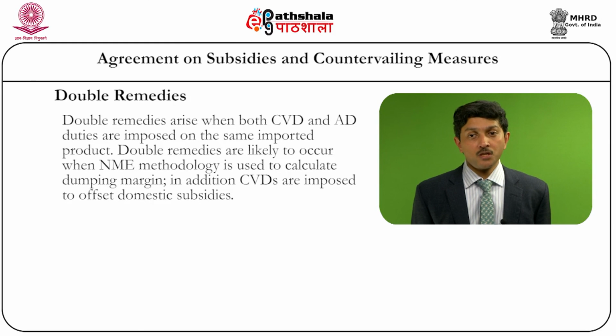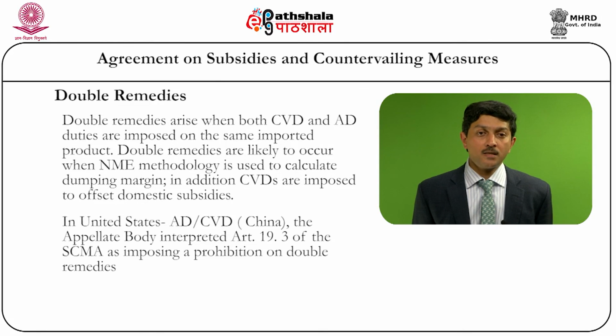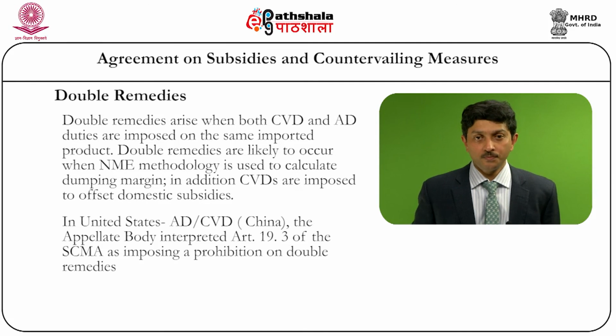A number of jurisdictions impose an anti-dumping duty alongside a CVD, and therefore one could argue that there is a double imposition of duty to address the same situation. In the United States anti-dumping CVD case involving China, the Appellate Body interpreted Article 19.3 of the SCM agreement, saying that there is a prohibition on the imposition of double remedies.